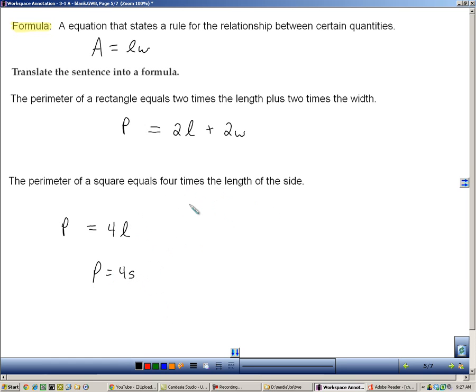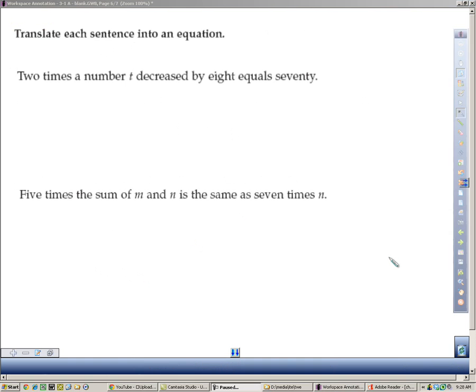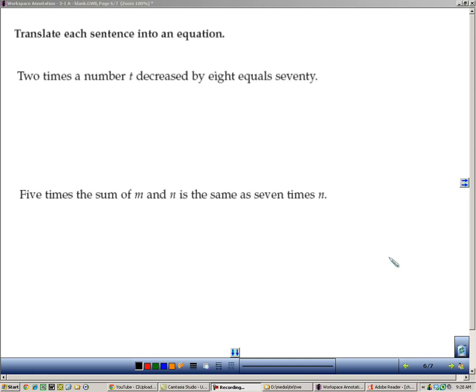Some people use L for length. It really doesn't matter what letter you use. Some letters are more prevalent than others, but the point is we were able to convert this verbal sentence into an algebraic expression or a formula. Now we're just going to have some more problems for you to practice translating into equations. Please feel free to pause the video and try them, and then look back at the solution.